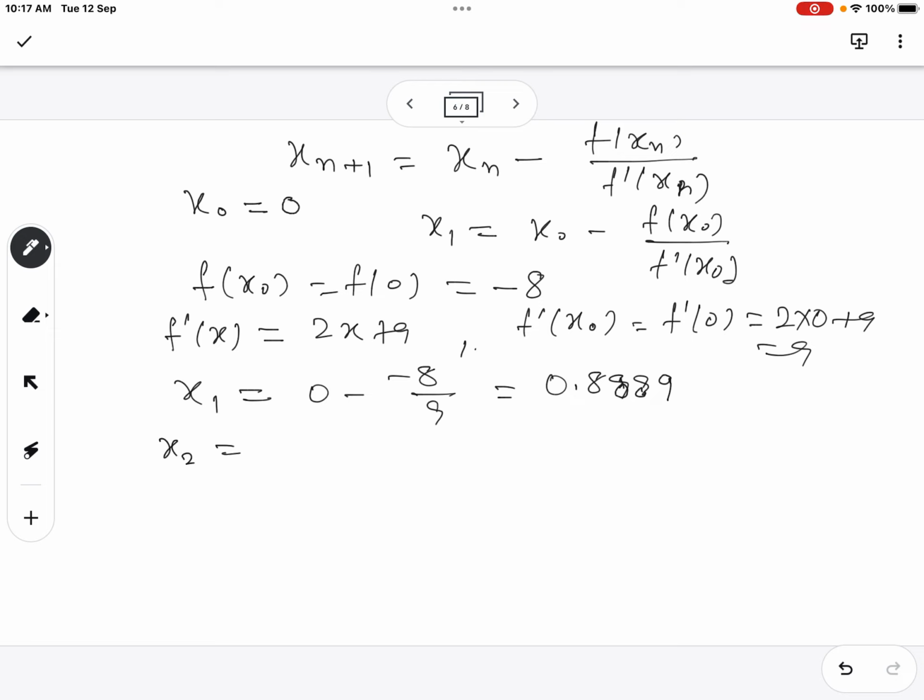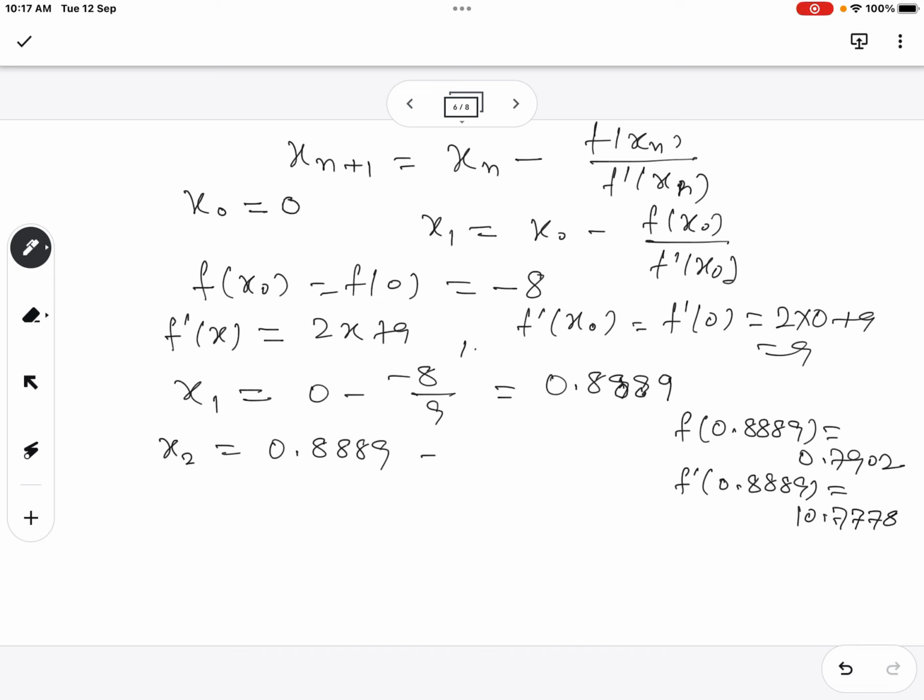Once I got the first approximation, I can obtain the next approximation. So the second approximation will be given by 0.8889 minus the value of the function at 0.8889, which is 0.7902, divided by the value of the derivative of the function at 0.8889, which is 10.7778.